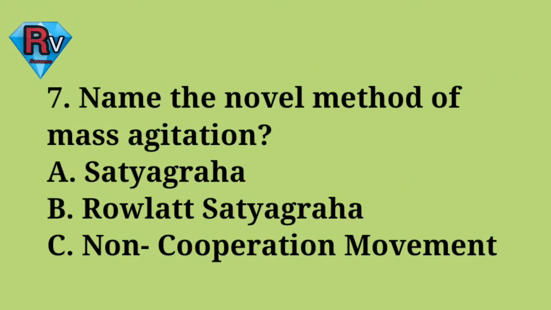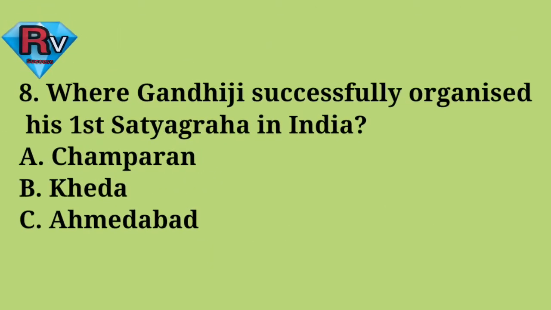Name the novel method of mass agitation. A. Satyagraha, B. Rowlatt Satyagraha, C. Non-cooperation movement. The answer is Satyagraha. Next, where did Gandhiji successfully organize his first Satyagraha movement in India?